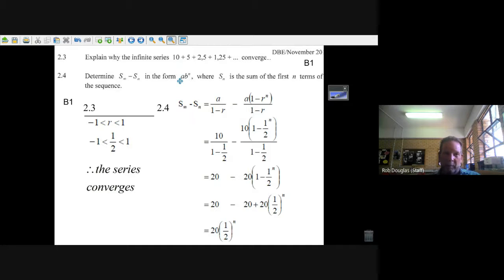That's the form of something times another number to the nth power, a b to the n. We just determined what S infinity minus Sn is in terms of n, in terms of this 1 half to the nth power. Sometimes you look at it and go, wow, that seems real hard. But then you just do it with the general formulas.